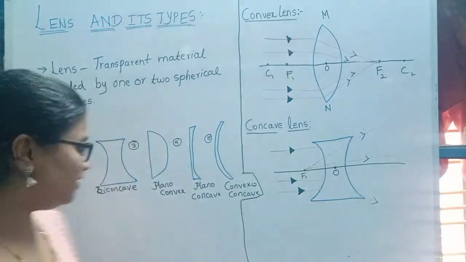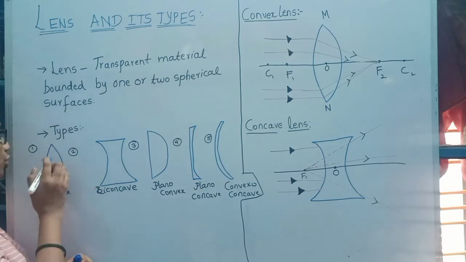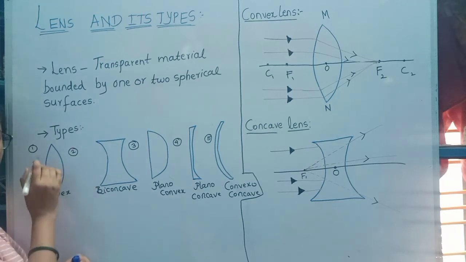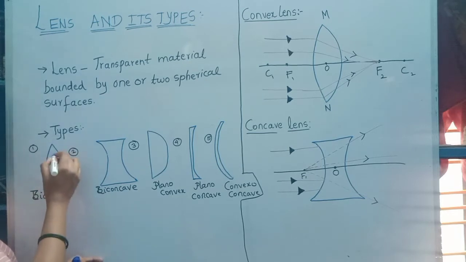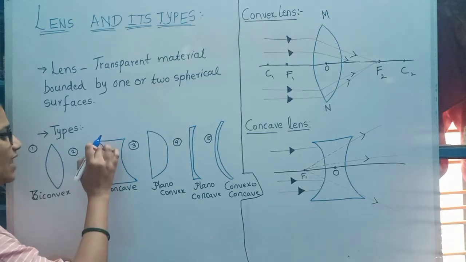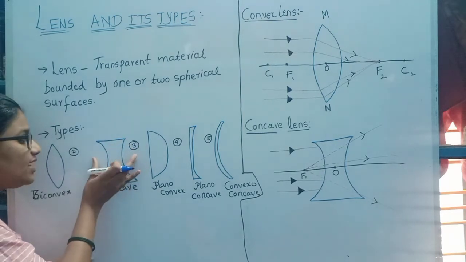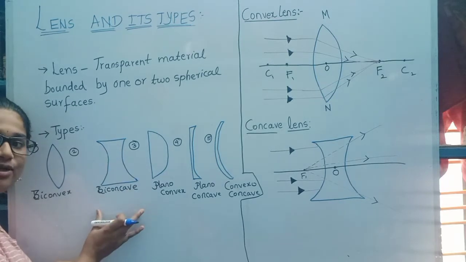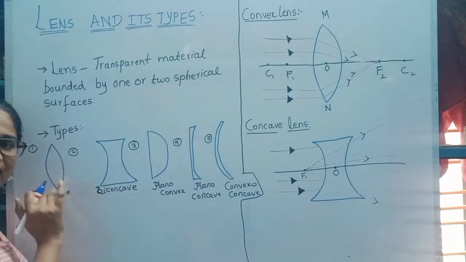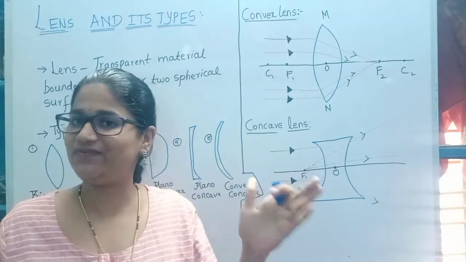Like that only, here, if a lens has two reflecting curved surfaces bulging outside, then it is called biconvex. If it has two curved surfaces which are inside, it is called biconcave. Biconvex, biconcave, or simply we can call them a convex lens or a concave lens.